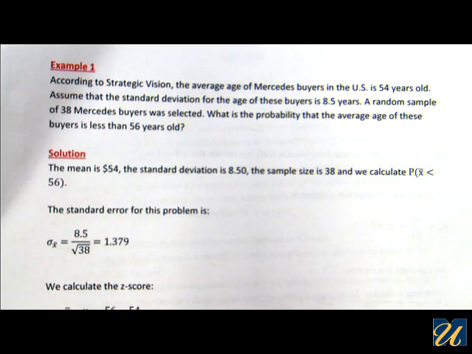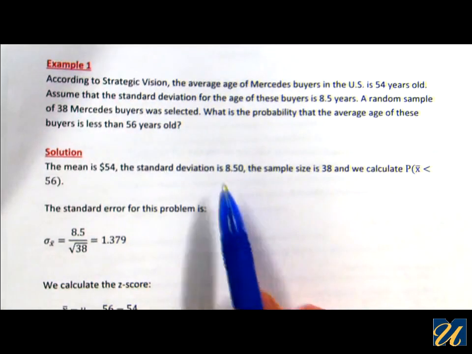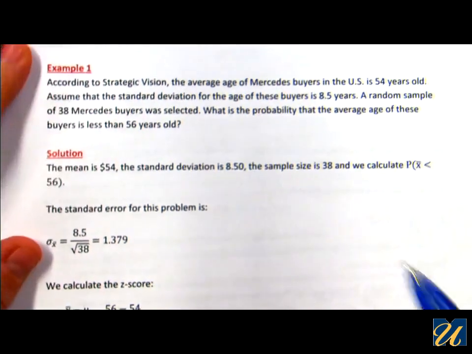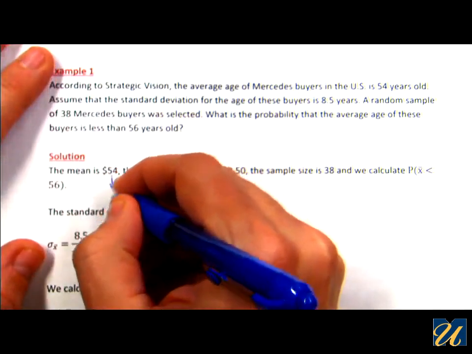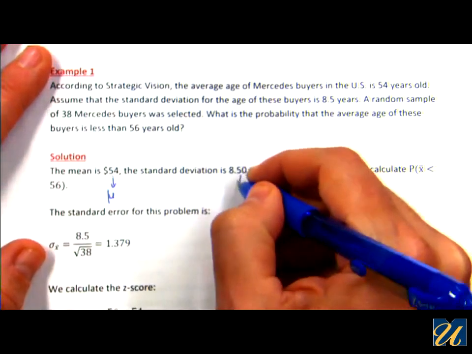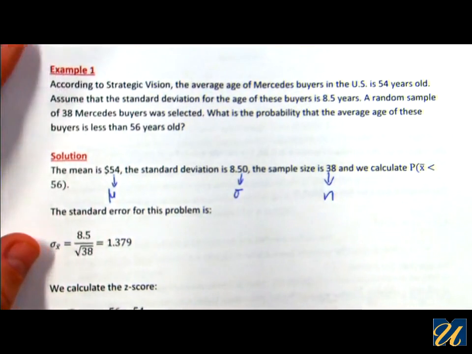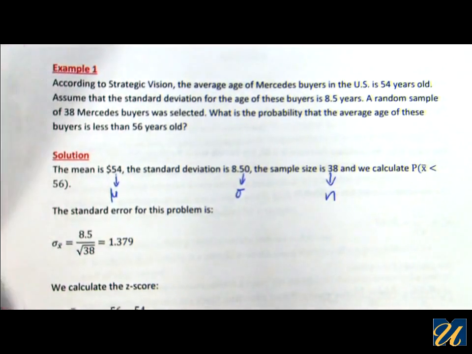So we have the mean 54, standard deviation is 8.5, sample size is 38. So we have mu, sigma, and n, basically. And we want to find the probability that x bar is less than 56.